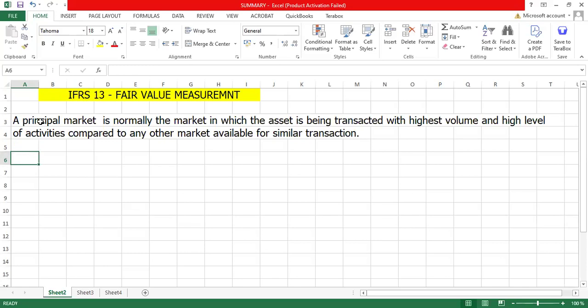Then if you cannot get the principal market, you will look at the most advantageous market, because you may find that things balance. You cannot tell where this asset is being transacted with the highest volume.